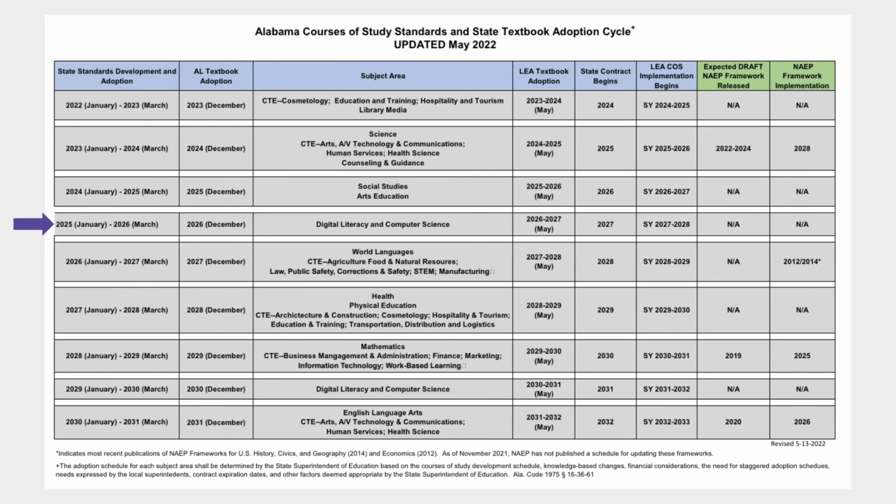The digital literacy and computer science standards are currently in committee being worked on getting updated. So as soon as those are board approved, which, hopefully if everything goes right with the schedule, will be at the beginning of 2026, they will get digitized and will be available on Alex as well.